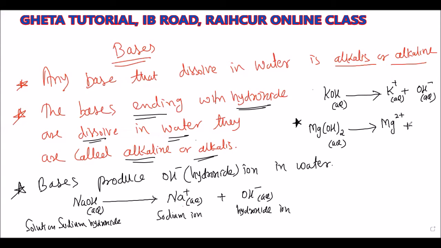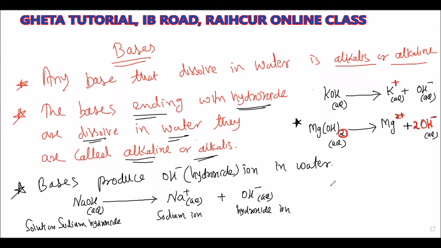And obviously OH minus is the same, but here I should write 2OH, because you can see there are 2 OH groups. So the OH minus ion does not change, and Mg2 plus also stays the same. Potassium always comes as K plus, and magnesium always forms Mg2 plus.